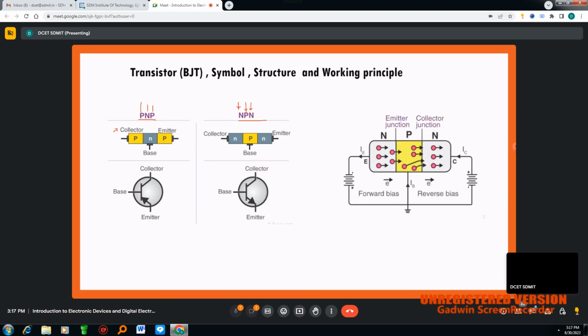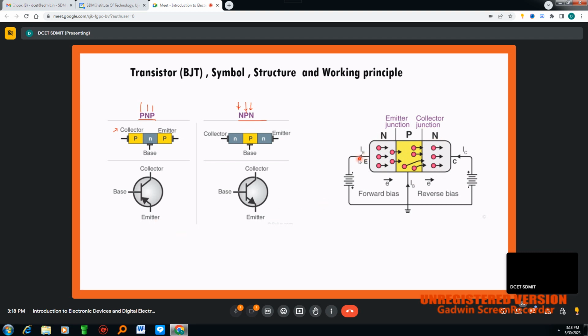Now, I just covered what a transistor is, its symbolic representation, and structure. For structure, I am taking one example, the NPN transistor. We know that in N material, electrons are the majority charge carrier. In P material, holes are the majority charge carrier. And in the N material, electrons are the majority charge carrier.